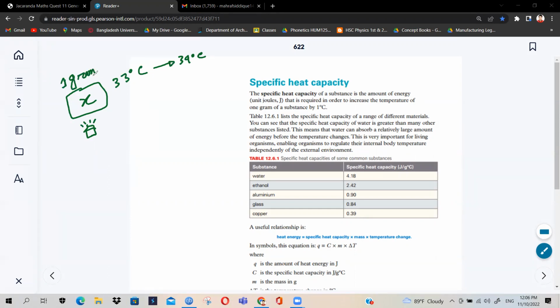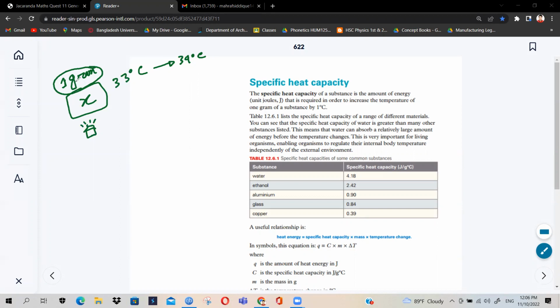Now the amount of heat that is needed to increase the temperature from 33 to 34, or increase the temperature by 1 degree Celsius of a 1 gram substance, that will be called the specific heat capacity of that particular substance.